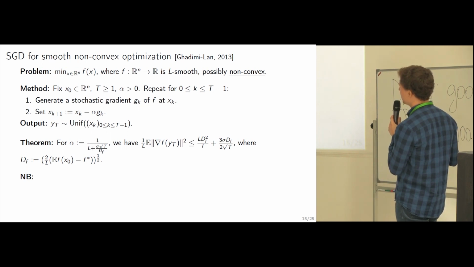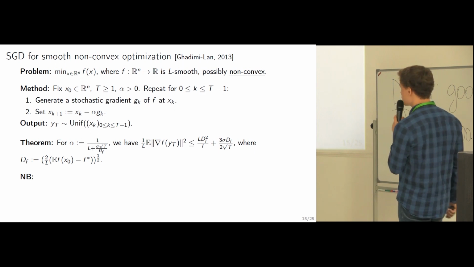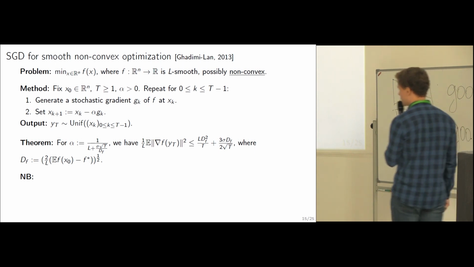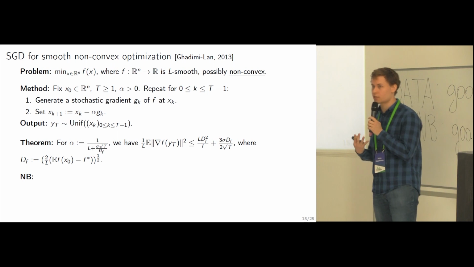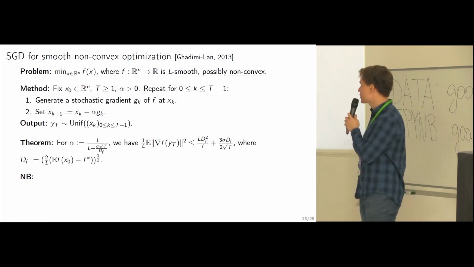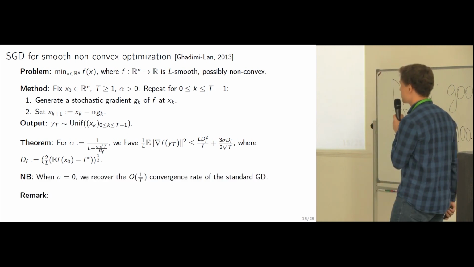And we have two terms here. One is deterministic, which converges quite fast, and the second is stochastic, which converges as 1 divided by square root of T. And again, we have this important quantity sigma here, which is the variance of our stochastic gradients, and we wish this variance to be as small as possible in order for this method to converge as fast as possible.